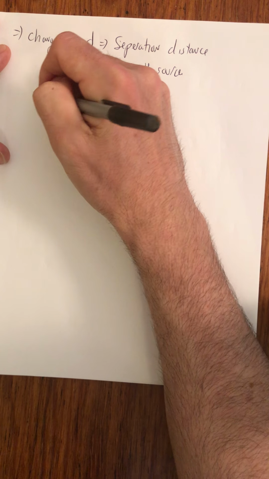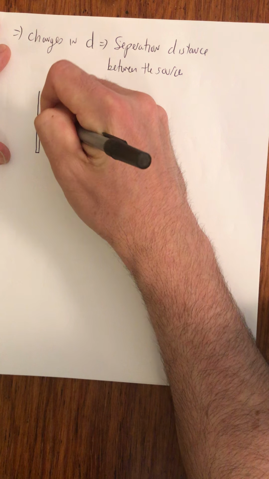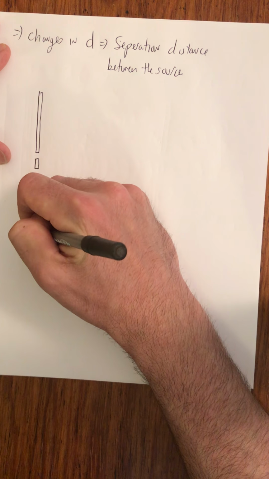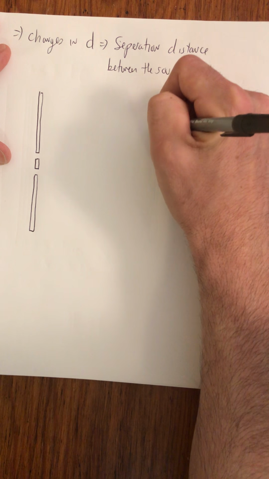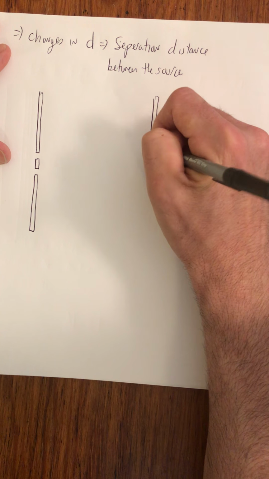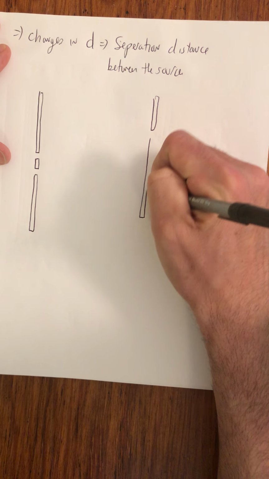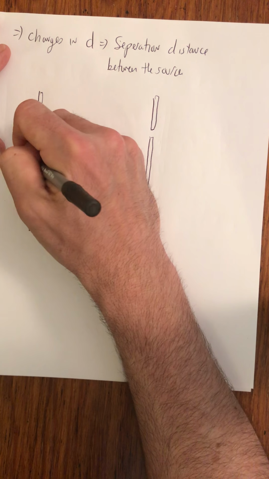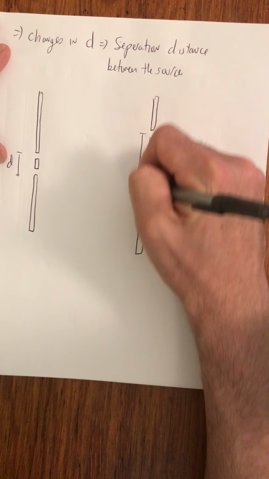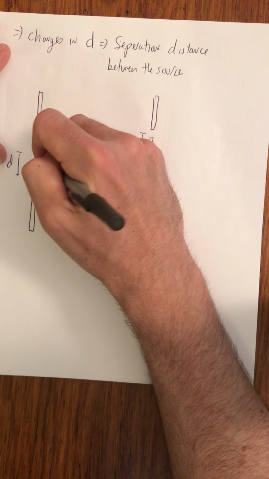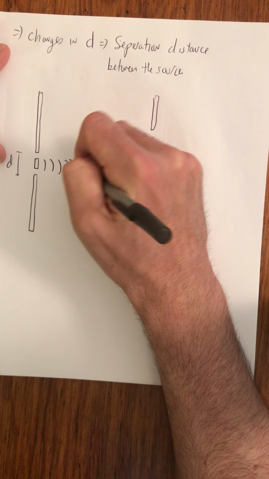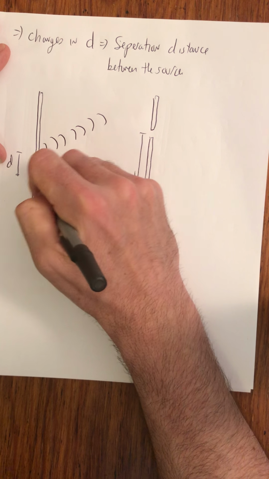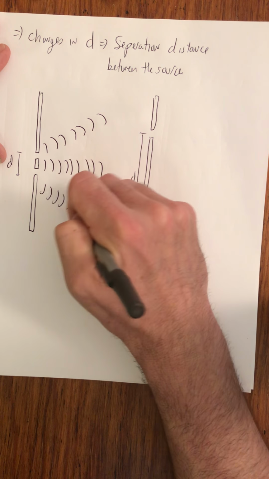Okay, and so here when we had D being reasonably small, and then I'll do one here where D was reasonably large, and then right here's D, here just our baseline picture. That's what we saw with a small separation distance.